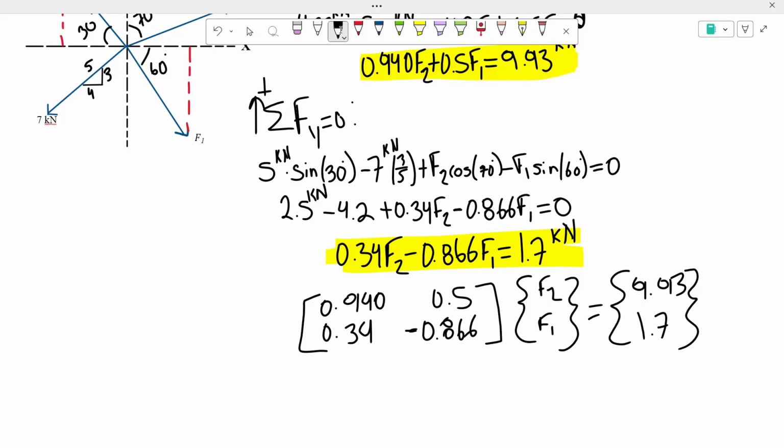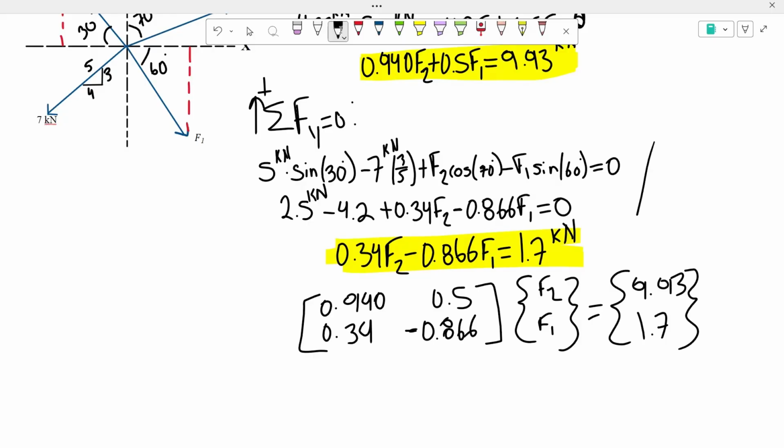Then you would input 0.940 in the first equation for x, and the 0.5 would go for the y, and then the 9.93 would be where it says equals to. And then for the next equation, you input 0.34 for x, then negative 0.866 for your y, and you want that to equal 1.7, and then you click enter so it can solve for you.